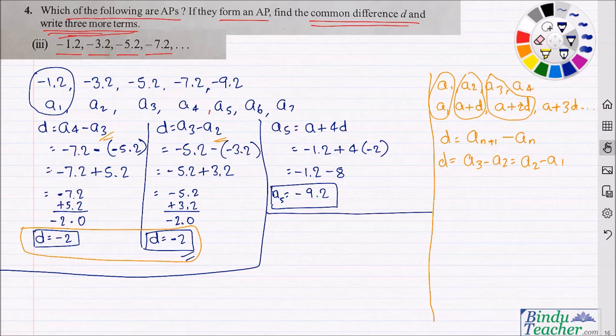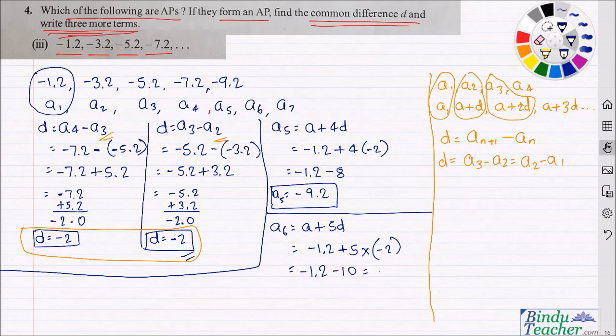Similarly, let's calculate A of 6. A of 6 will be A plus 5D. A is minus 1.2 plus 5 into D. D is minus 2, equals minus 1.2. 5 2s are 10, but it's a minus, so minus 10.